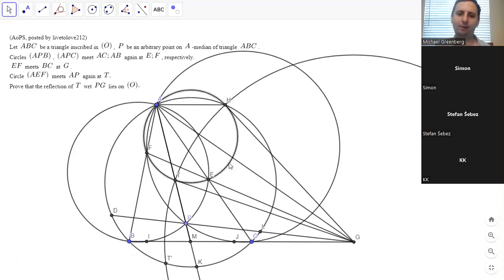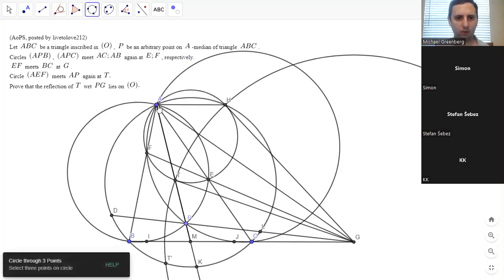Or negative, you could say they're negative. So AH is the common radical axis. Maybe we could use the power ratio lemma.